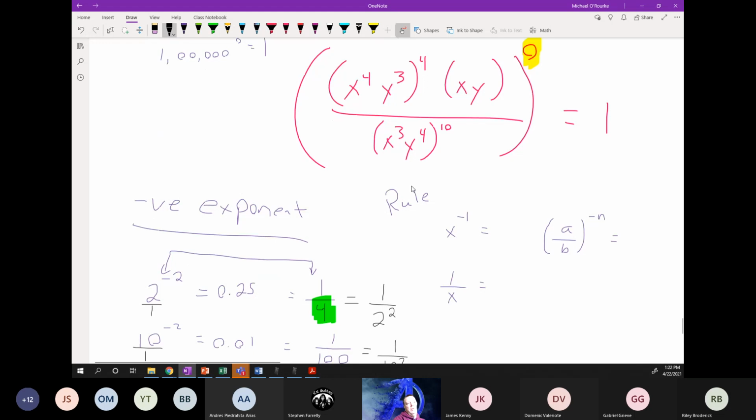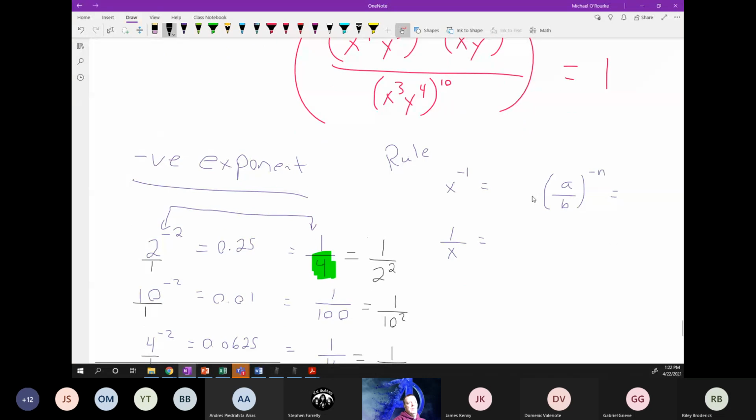So the rule, if I go up here to my rule section: x to the negative 1 is the same as saying 1 over x to the 1. Just as this one here is, if I have a negative there, I can flip it, and if I take it to the top, it becomes positive.